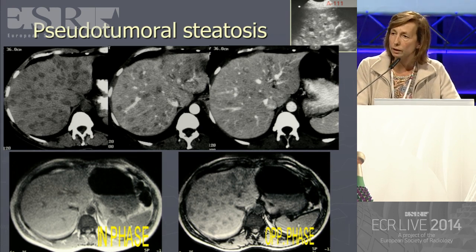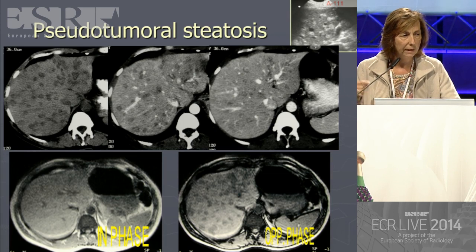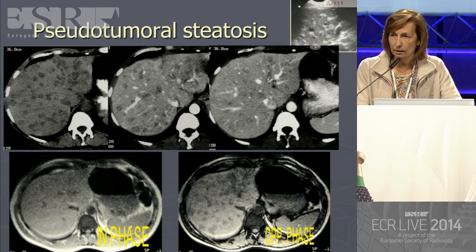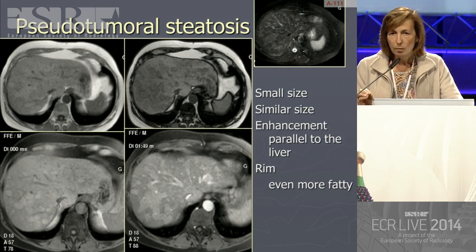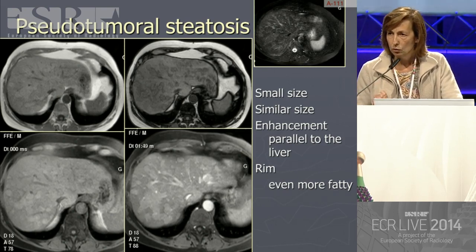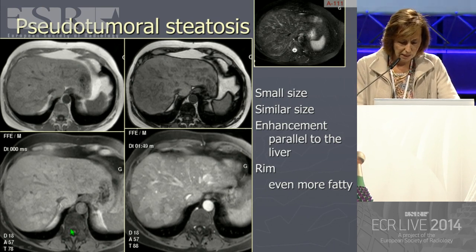But are we sure now that these fatty lesions are pseudotumoral steatosis? Because they could be as well steatotic hepatocellular adenoma. But there are some clues which enable us to distinguish between pseudotumoral steatosis and adenomas.